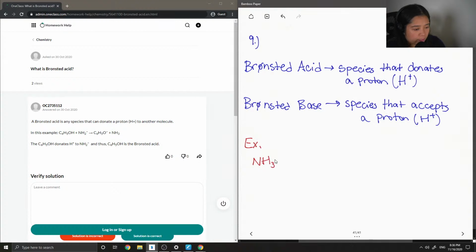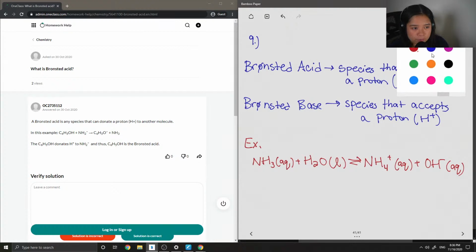Let's say we had NH3 plus H2O makes the ammonium ion plus a hydroxide ion.